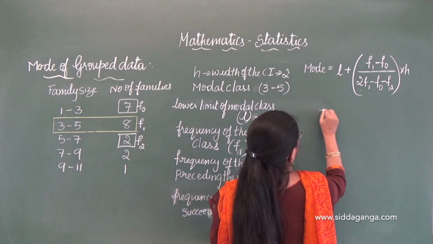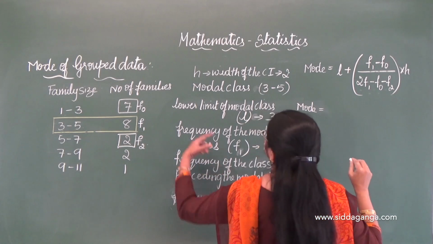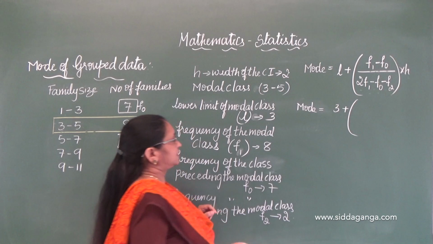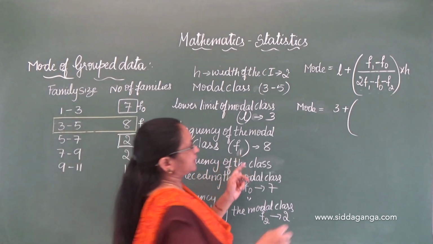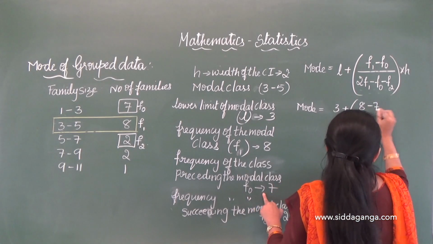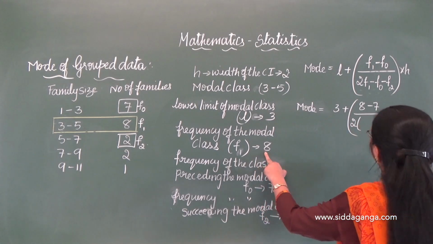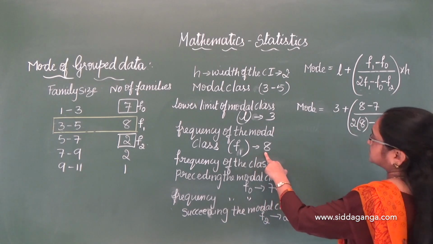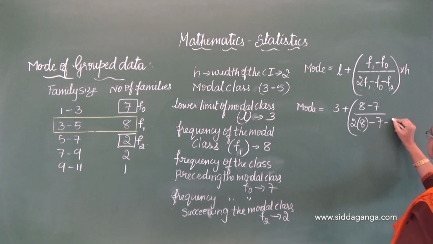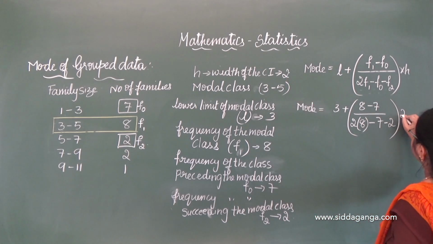So mode is equal to L, lower limit 3, plus F1 which is 8 minus F0 which is 7, divided by 2 into F1, which is 16, minus F0 which is 7, minus F2 which is 2, into H which is 2.